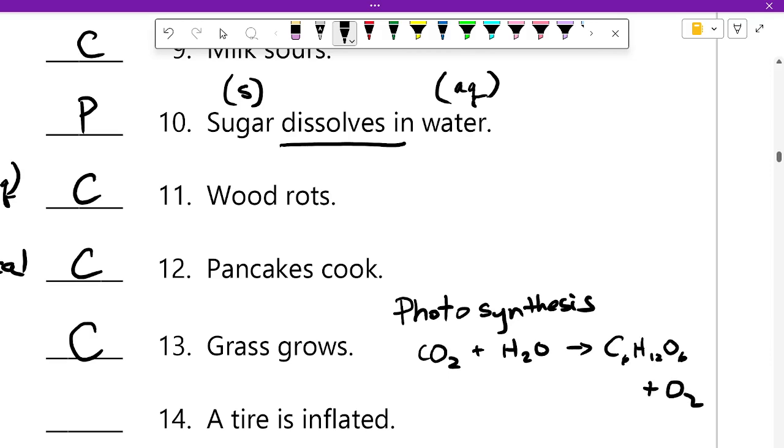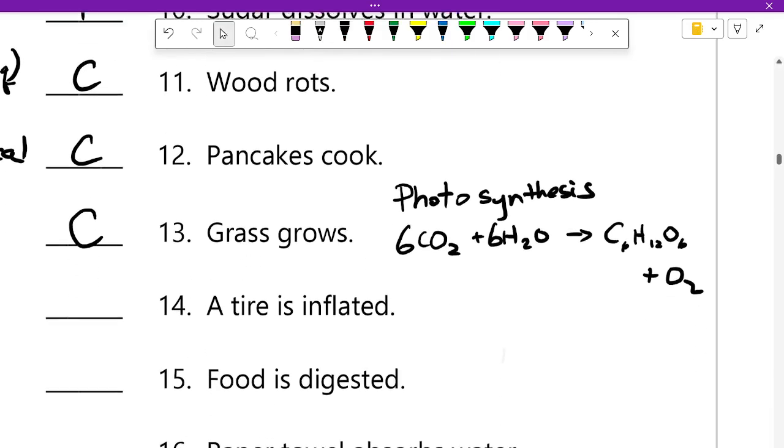You do not need to know this. No, absolutely do not need to know it. Okay? But what you should know is that the new grass molecules are being produced by chemical reactions. And you do not need to know the photosynthesis.